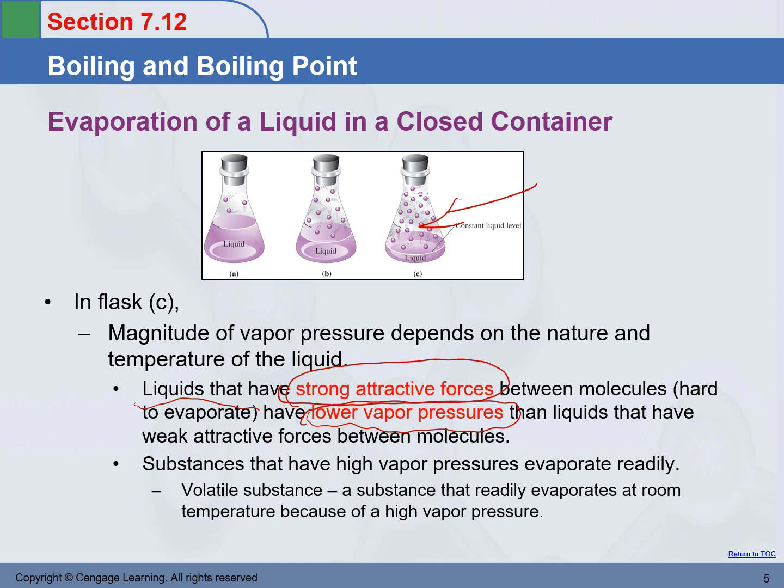Makes sense. For liquids to evaporate, molecules have to overcome the attractive force between the molecules in the liquid to go to the gas. If the attractive force is strong, then less liquid gets evaporated. It's hard to evaporate, so the vapor pressure will be lower. Make sense?